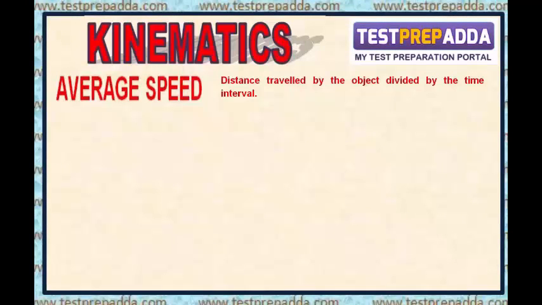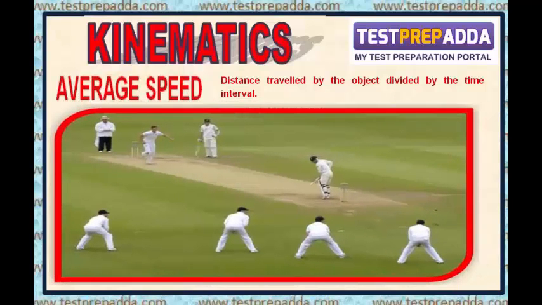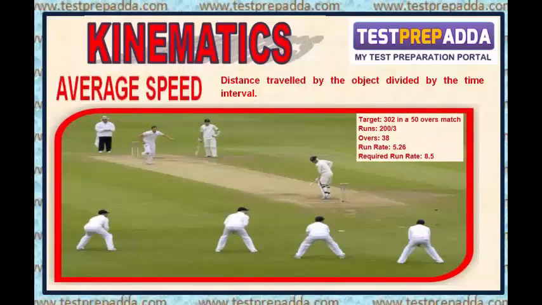Have you ever watched a cricket match? There they give average run rate of any team. What is that average run rate? That is the total runs scored by the team upon total overs. The run rate gives you the idea that how good or bad the team is playing.